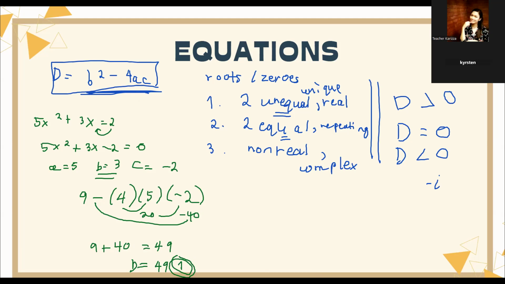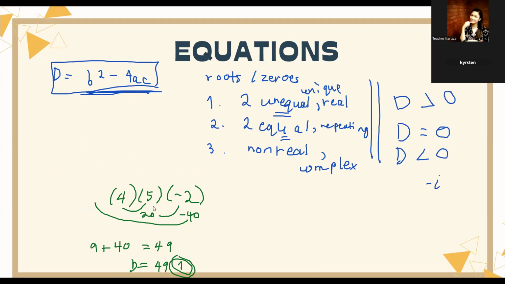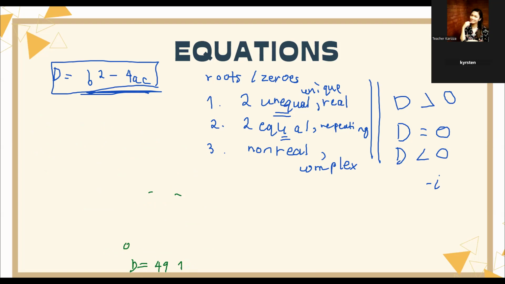Another example. Clear so far? Opo. Let's try another example. We have x times 7 minus 2x equal to 10.